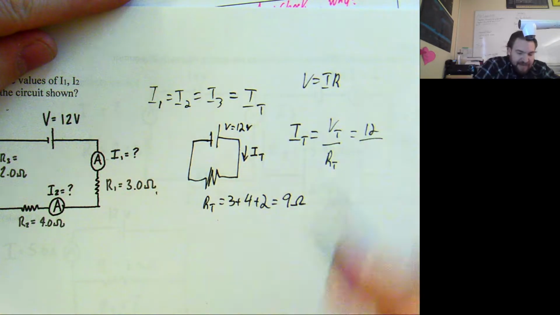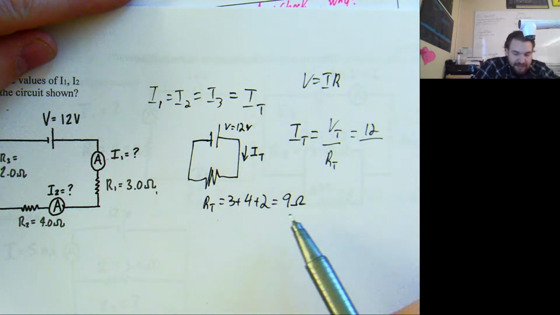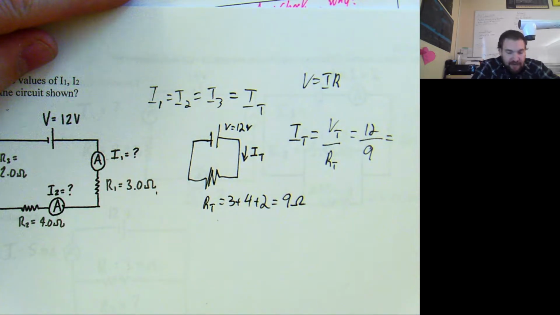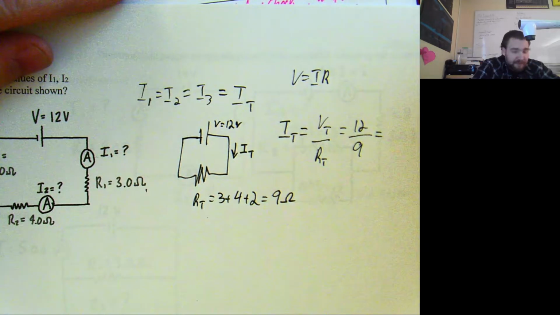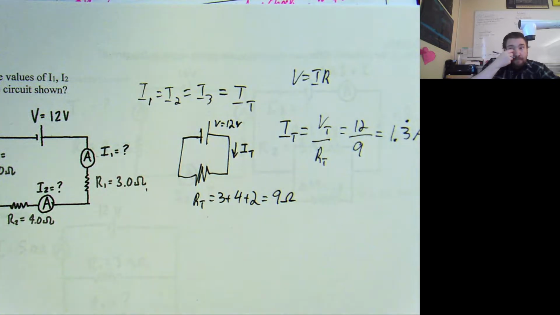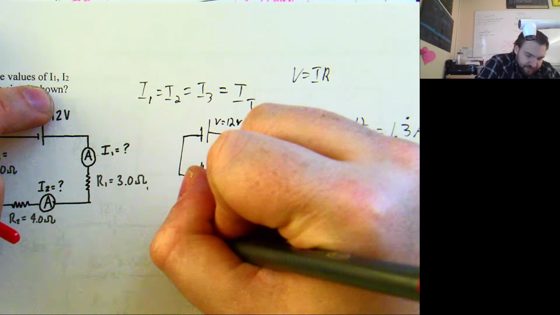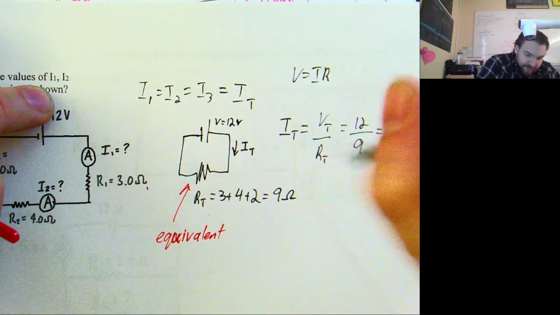My combined total resistance here, because these 3 are all in series, is 9. So I'm going to get a current of 1 1/3, so 1.3 repeating amps. And what we've drawn here, we call the equivalent circuit.